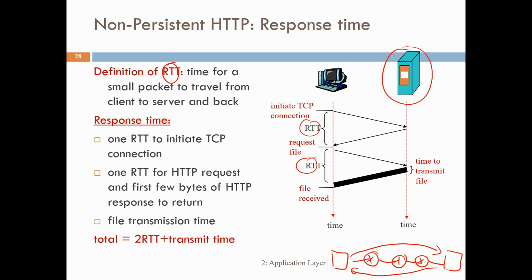But as we said, the RTT doesn't include the transmission time at the server, so we add it. The total delay is 2 round trip times plus the transmission time of the object from the server. We don't include the transmission time of the TCP connection response because it's a small packet, so we assume it's already included in the definition of RTT.